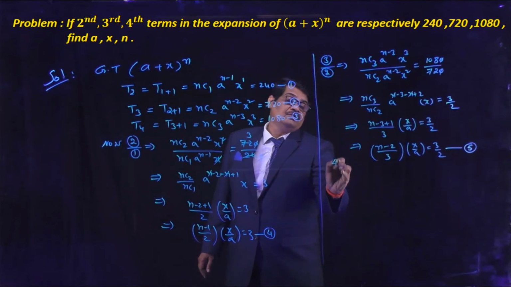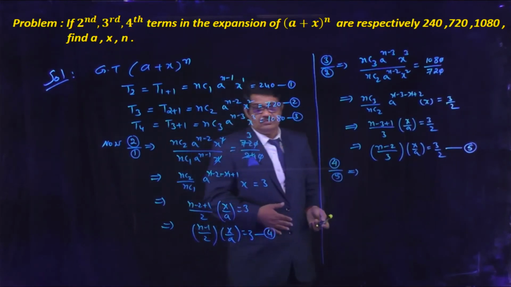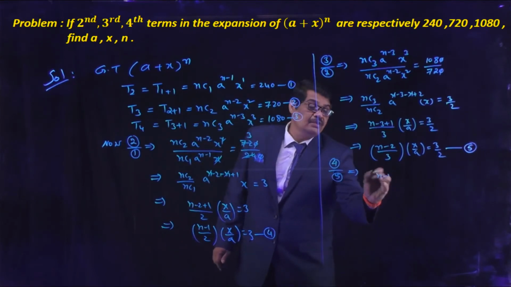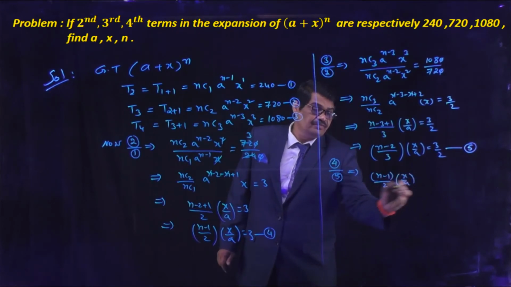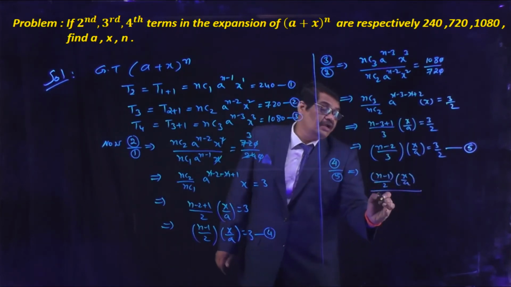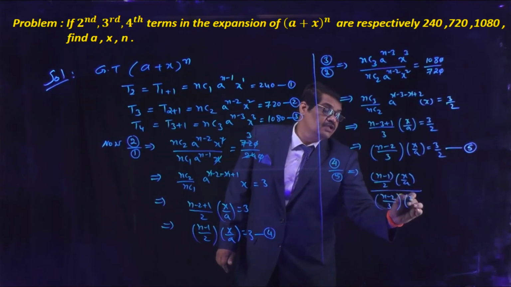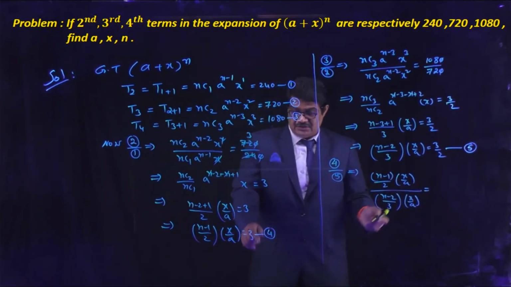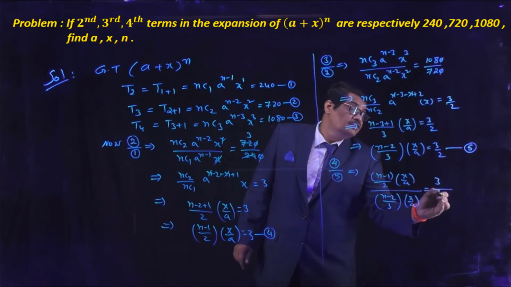Now we are writing equation 4 by equation 5. Then we are cancelling these x by a terms and we are getting the n value. What is the fourth equation? That is (n minus 1) by 2 into x by a, by equation 5 LHS, that is (n minus 2) by 3 into x by a, is equal to the RHS, 3 by 3 by 2.